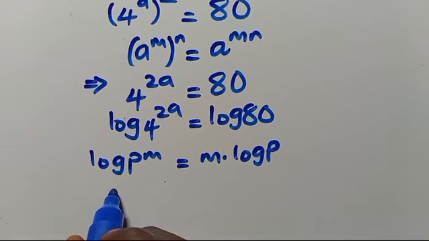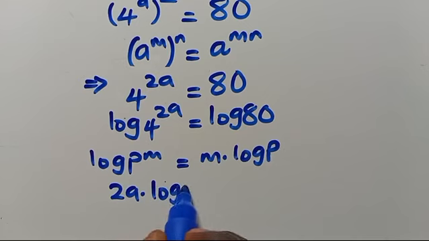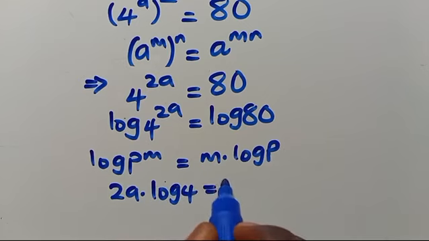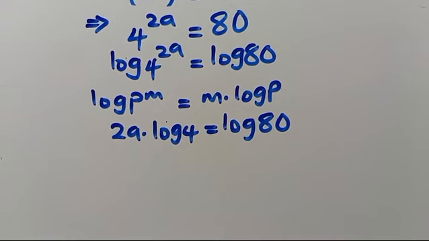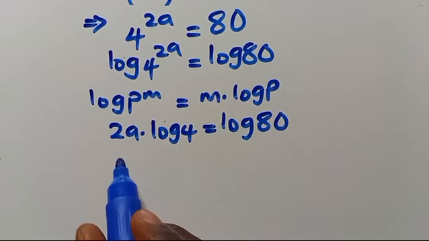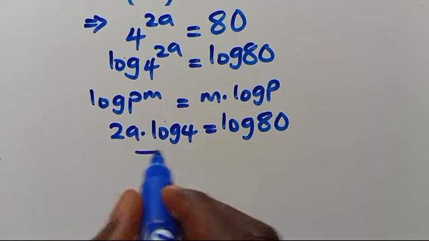So here 2a comes down, 2a times log 4 equals log 80. Then let's divide through by the coefficient of 2a, which is log 4.